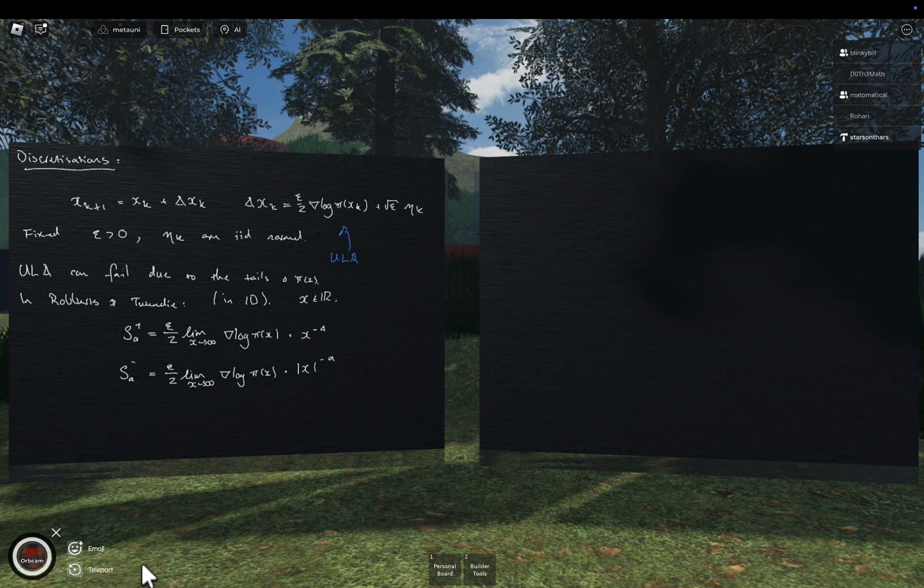We'll write down a subset of their theorem 2.1 as follows. Let K be a compact neighborhood of 0.